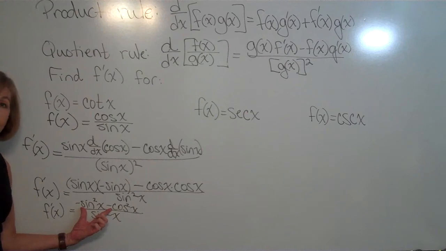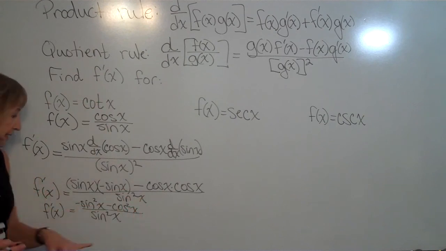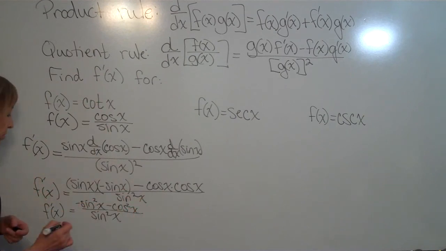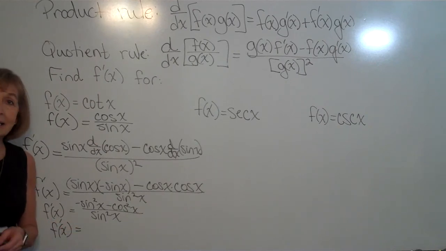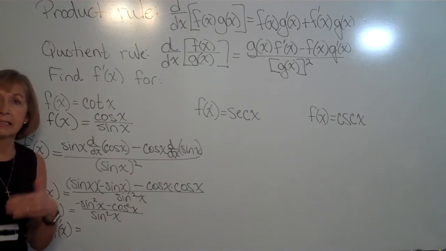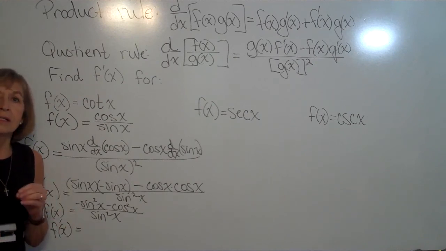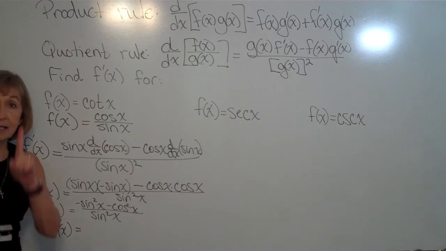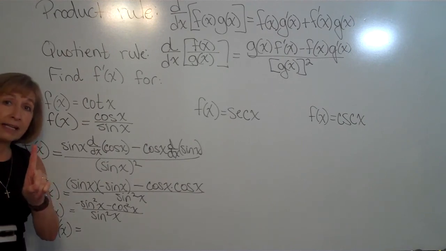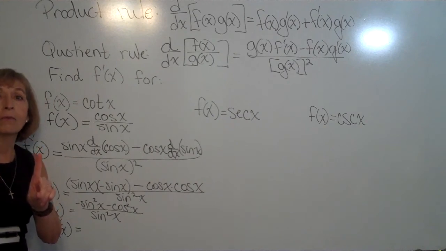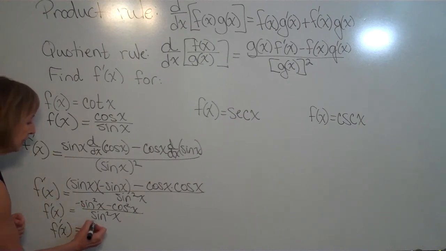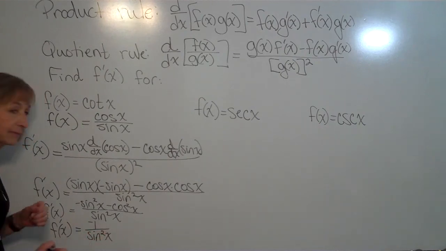Factoring out that negative 1 leaves me a negative and then parentheses sine squared x plus cosine squared x. Now from what we did in the last example, sine squared x plus cosine squared x is 1. So if I factor that negative out, I'll have negative 1 times 1, or a negative 1 in the numerator, and a sine squared x in the denominator.